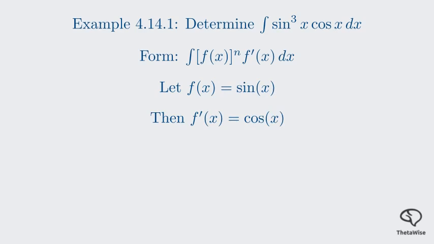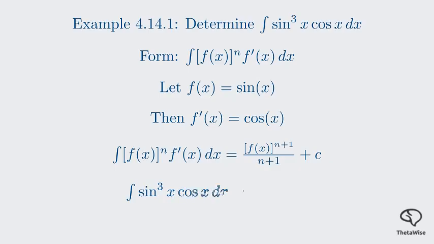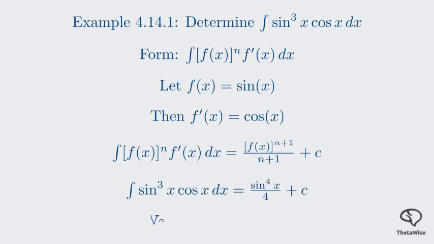So we have sine x cubed times the derivative of sine x. The rule for integrating this form is to add 1 to the power and divide by the new power. Therefore, the integral of sine cubed x cosine x is simply sine to the fourth x divided by 4 plus c. We didn't even need a full substitution process for this one. Verified using the memo.